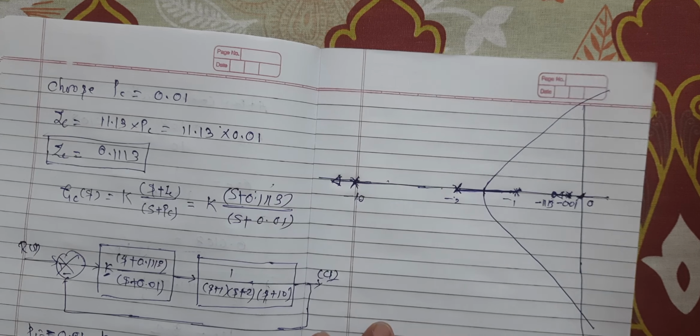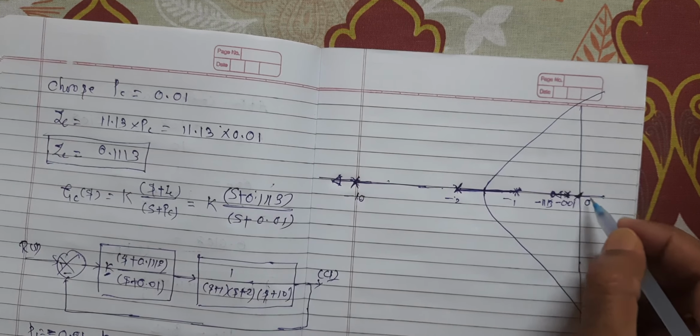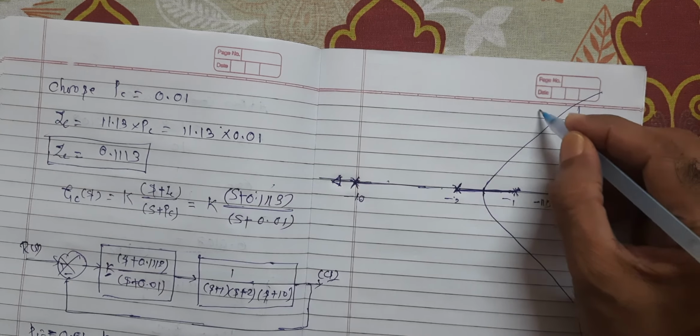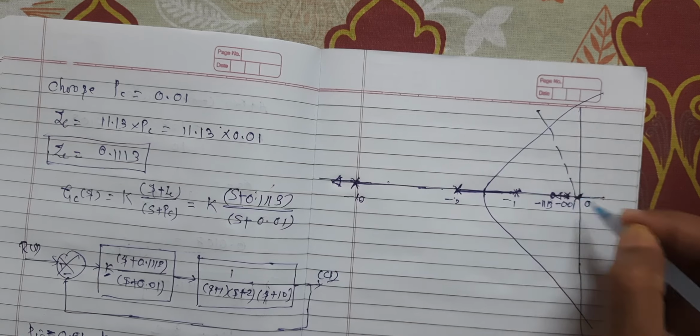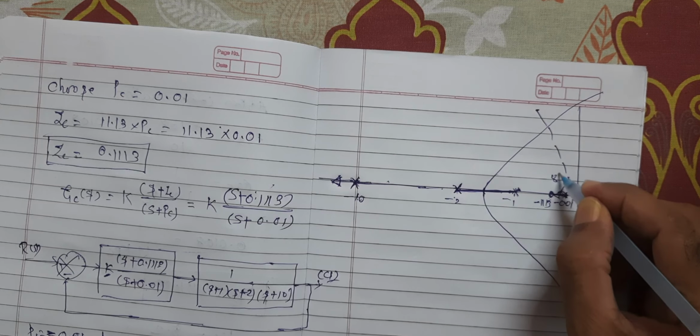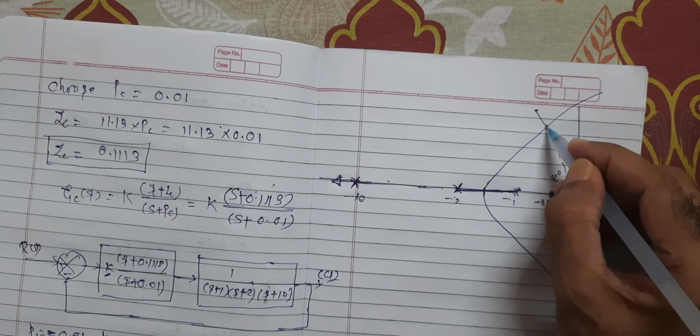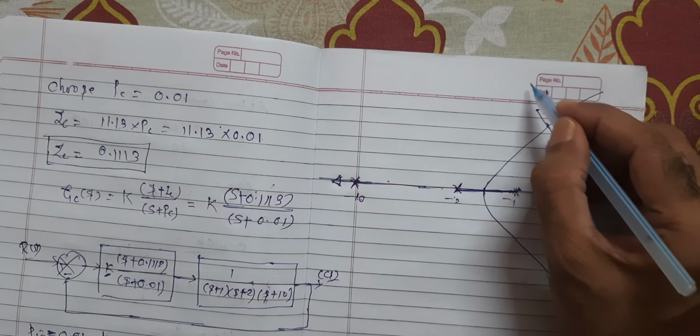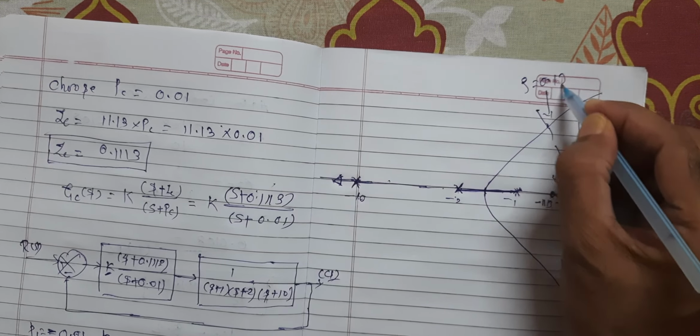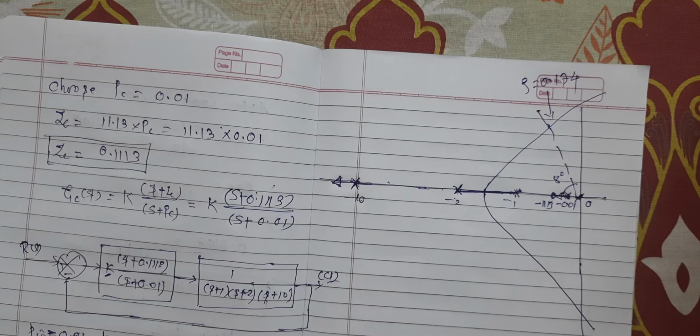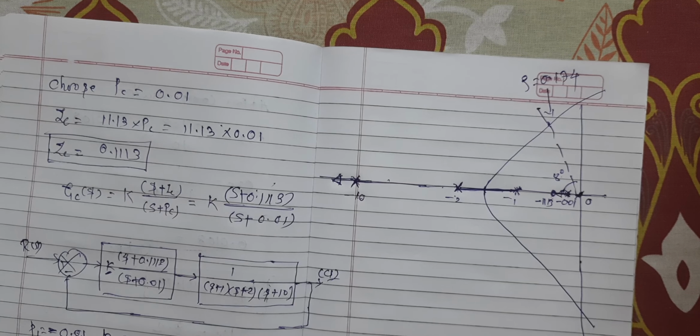Again we have the same points, and from the origin we have to draw one line at an angle of 80 degrees, because at this point eta is equal to 0.174, since we have to keep the compensated and uncompensated eta the same.